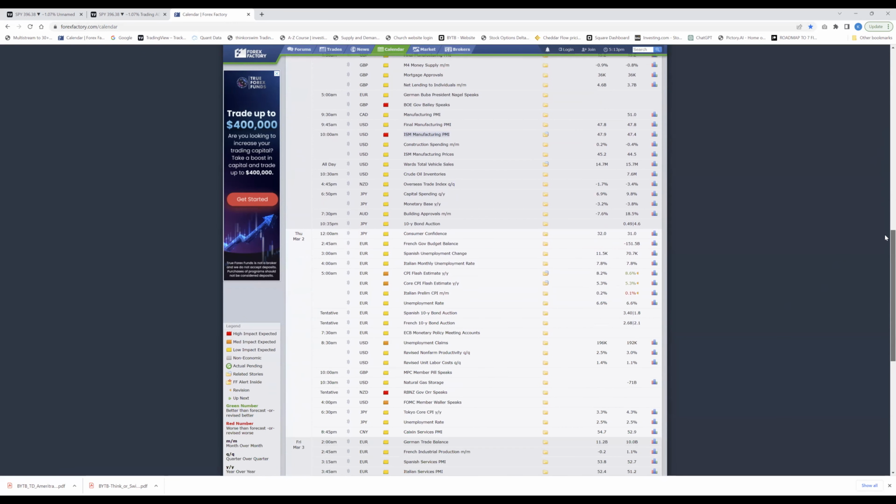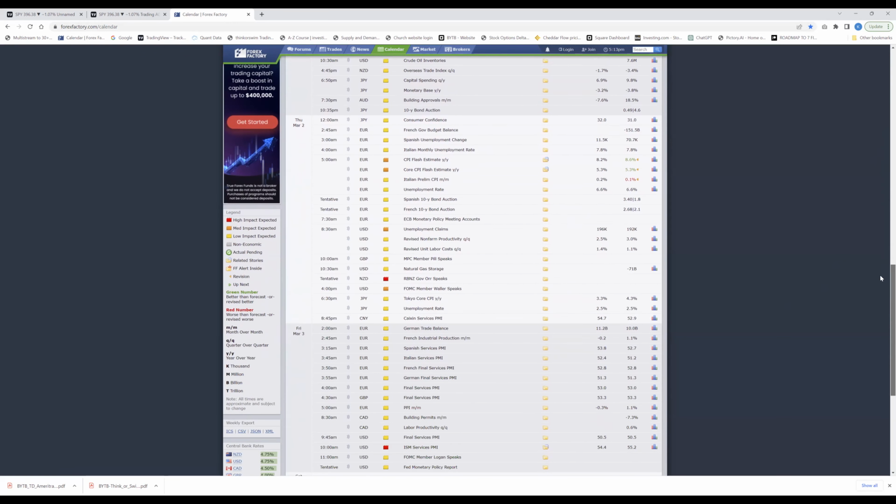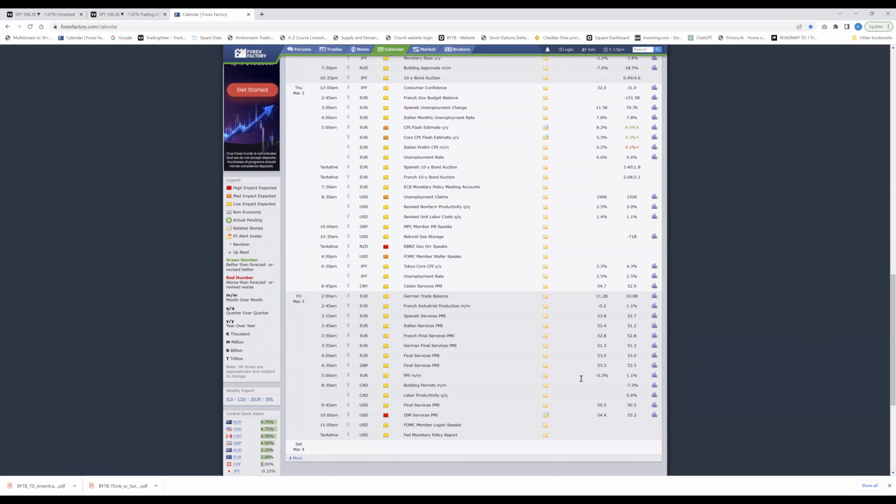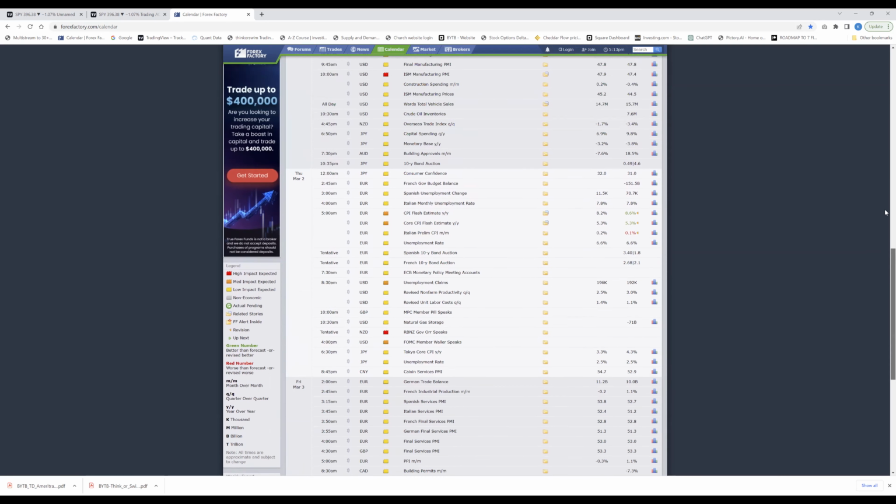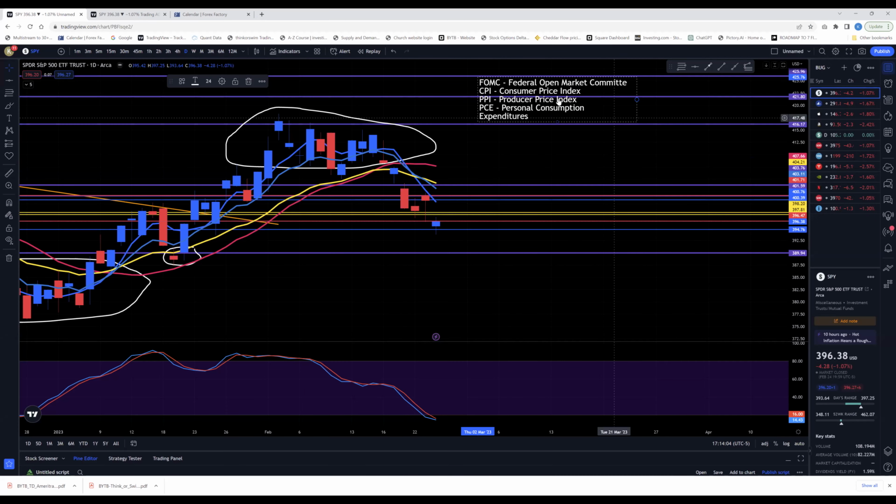And then you don't have anything really for the US. Friday, we have another speaker here on the PMI. So these are Fed speakers. It may move the market, but it's not as big a catalyst as these are. So the next FOMC is March 17th. Then you've got the CPI, PPI, and the PCE.